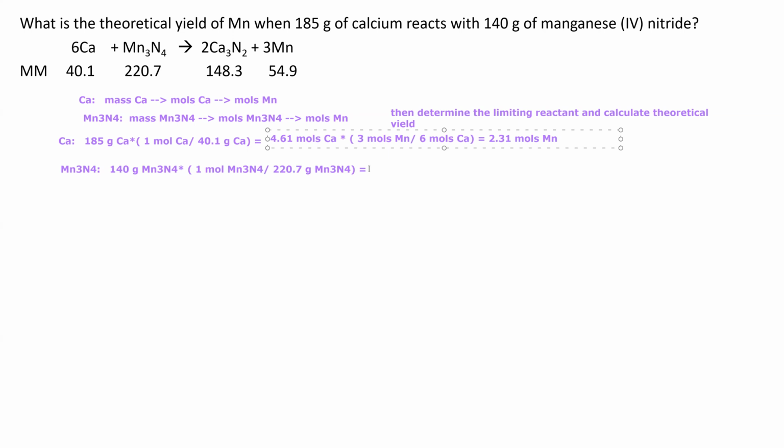And we're going to do the exact same thing for manganese 4 nitride. So we get 0.634 moles of manganese 4 nitride. Then we're going to multiply by the mole ratio. Since we're starting with manganese 4 nitride, we're going to put manganese on top and manganese 4 nitride on the bottom.